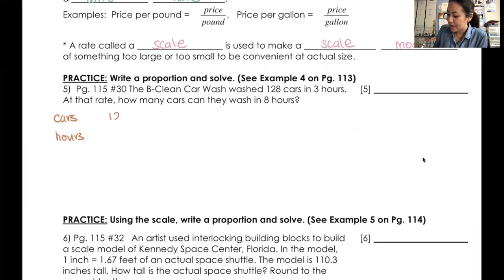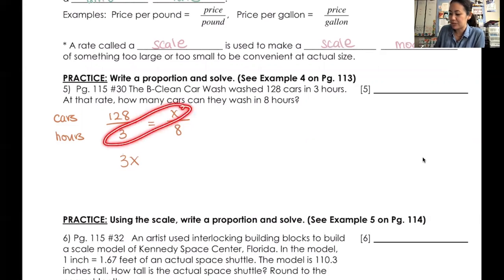So we know that 128 cars were washed in 3 hours, and we want to know how many cars can be washed in 8 hours. That is our proportion. Let's go ahead and do our means extremes. We're basically going to cross multiply, is what it's called.